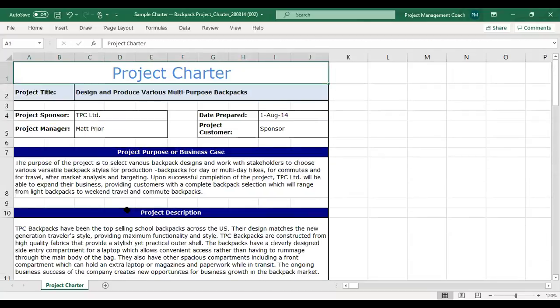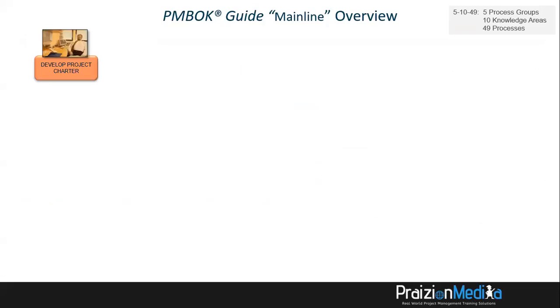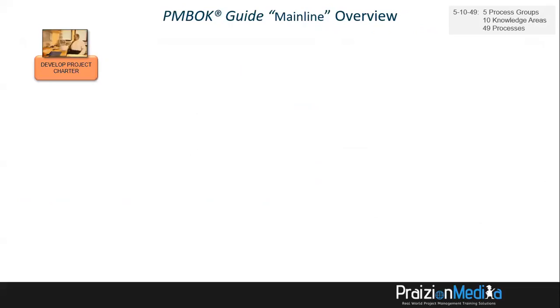All of this is what you're going to get from the very first process in the main line. And that's why Develop Project Charter is our very first one. Now, the Develop Project Charter process will output the project charter. That project charter will become an input to the process known as Identify Stakeholders. And out of Identify Stakeholders, we get a stakeholder register.